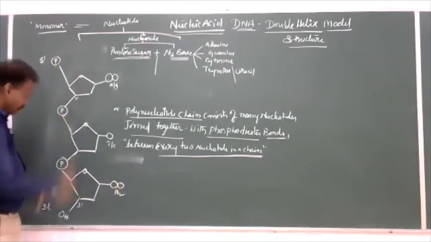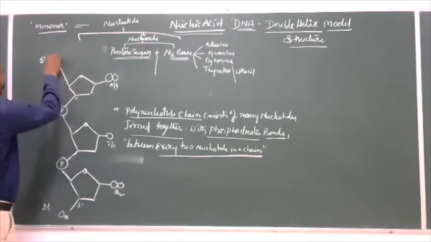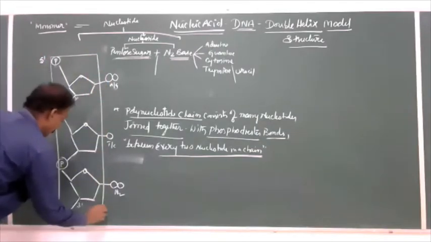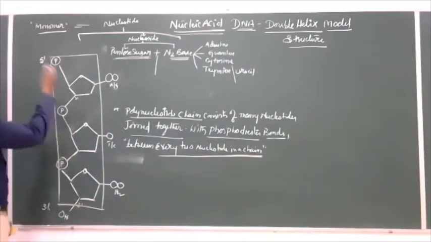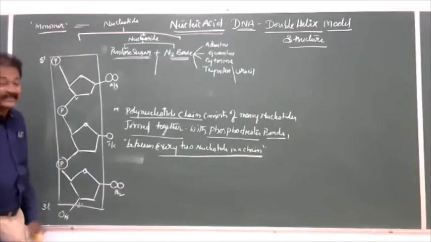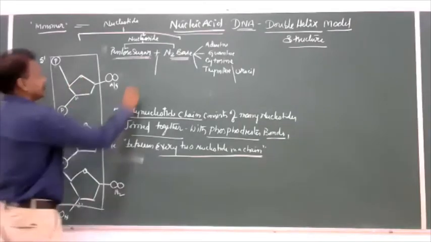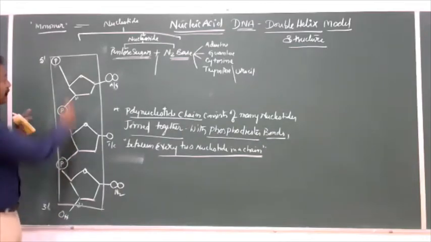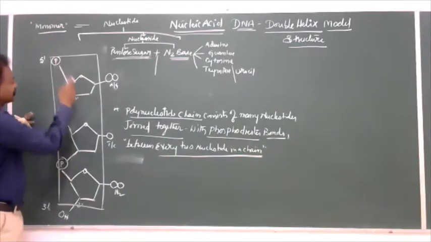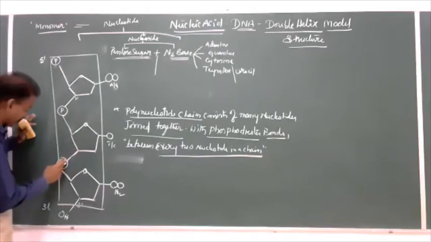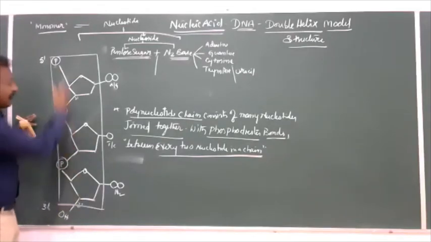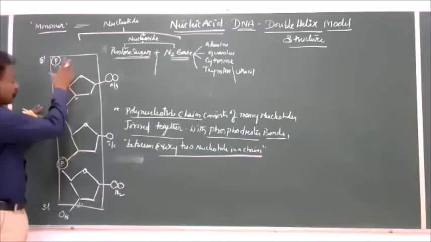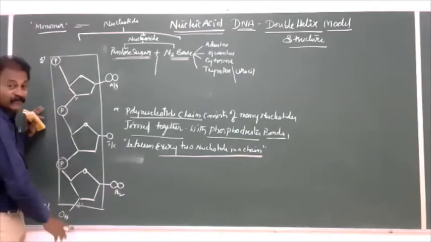According to this, a polynucleotide chain has a backbone. Backbone means the structure of a polynucleotide chain. The backbone is made up of phosphate, sugar, phosphate, sugar, phosphate, sugar: alternating molecules of phosphate and sugar, which are called the backbone.